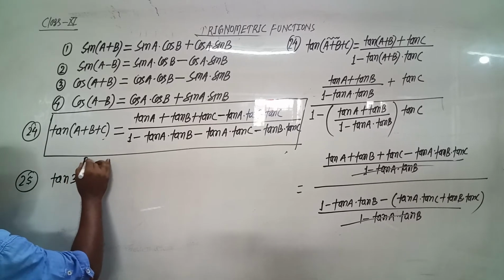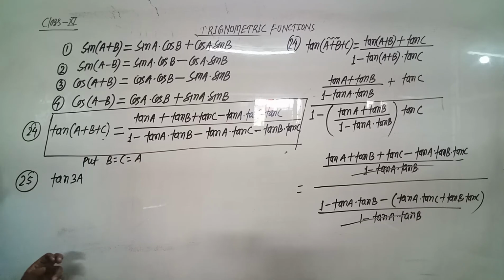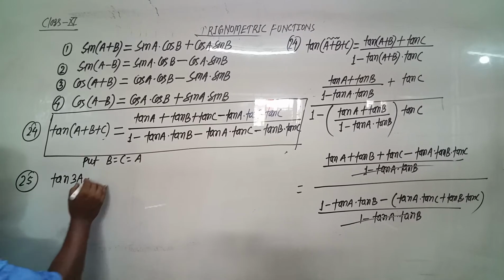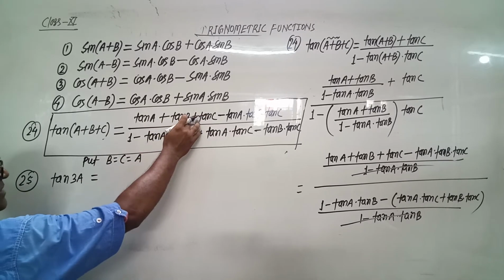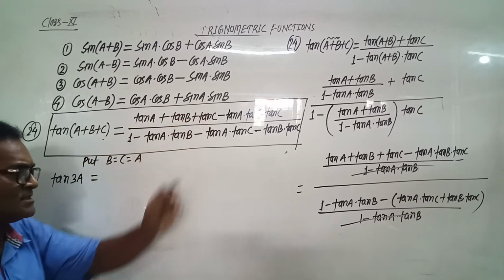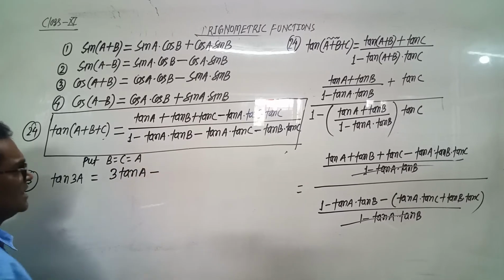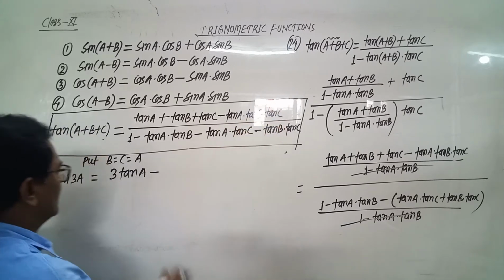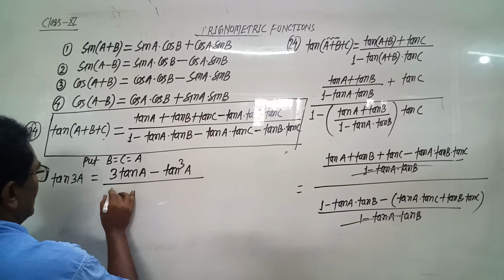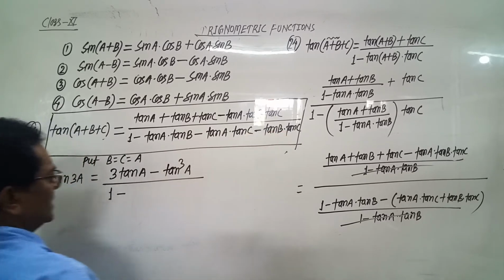So at the place of B and C also write A. So tan A plus tan A plus tan A becomes 3 tan A, minus tan A into tan A into tan A, tan cube A, upon 1 minus tan A into tan A, tan A into tan A and tan A into tan A.